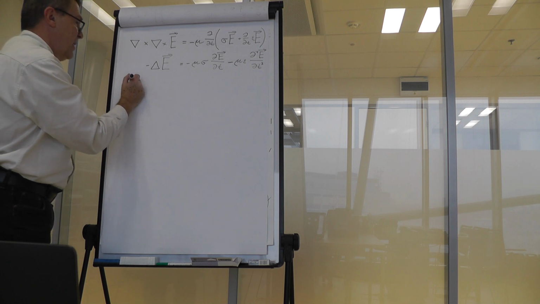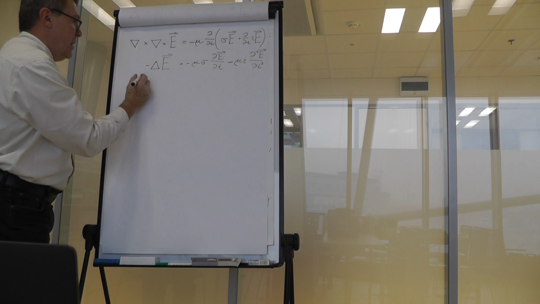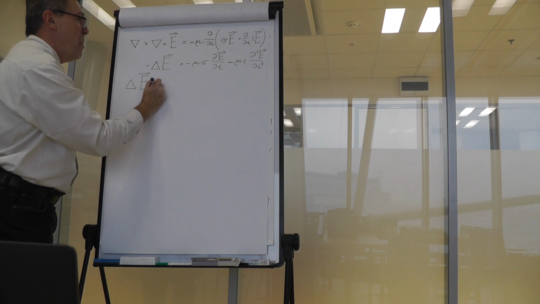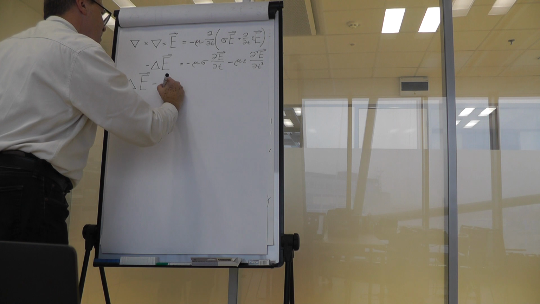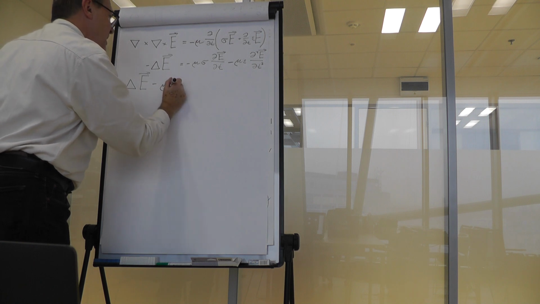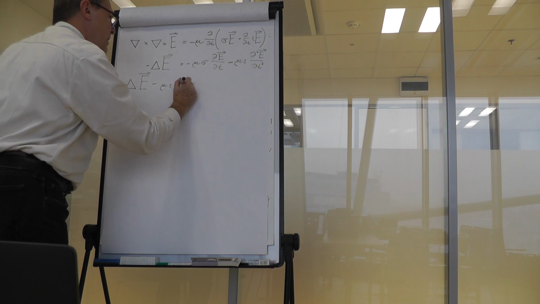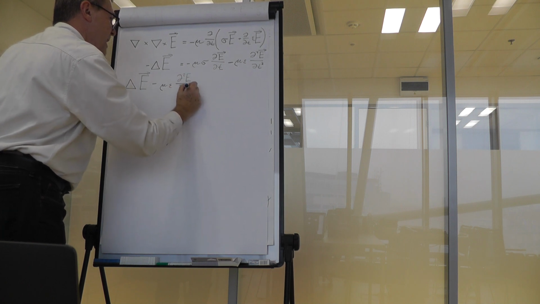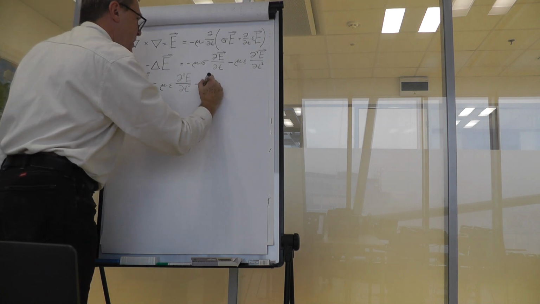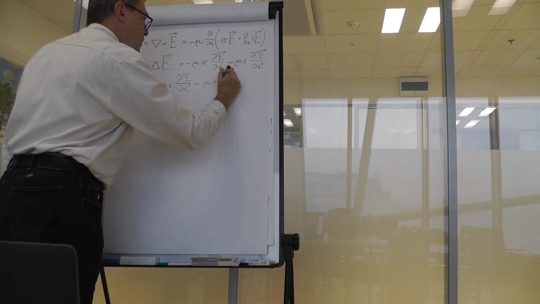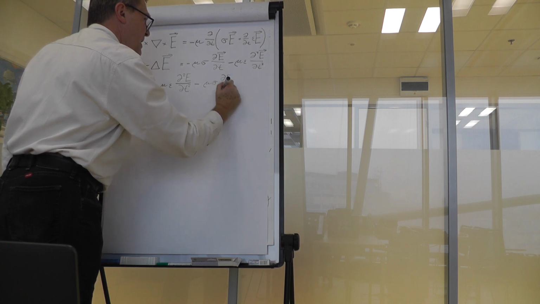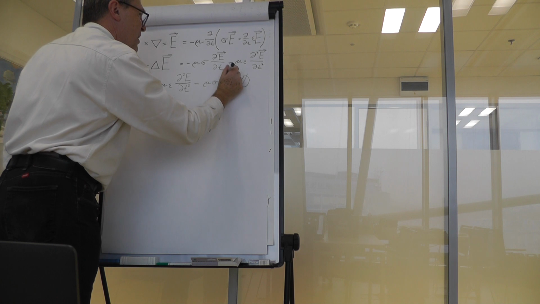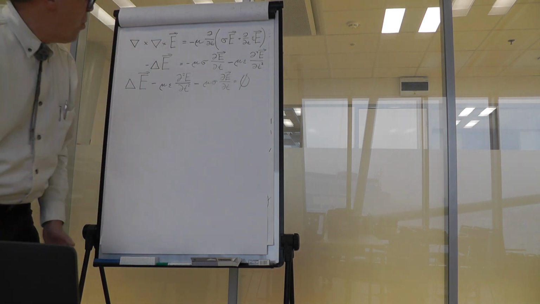It looks like Laplace E minus mu epsilon second derivative of E against time minus mu sigma first derivative E against time, and the result is 0. Now this is a wave equation.